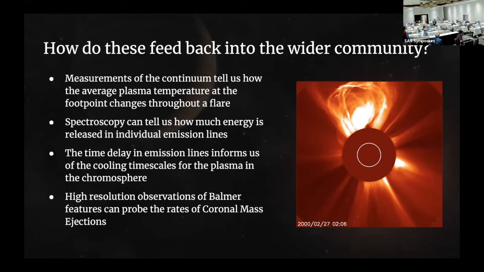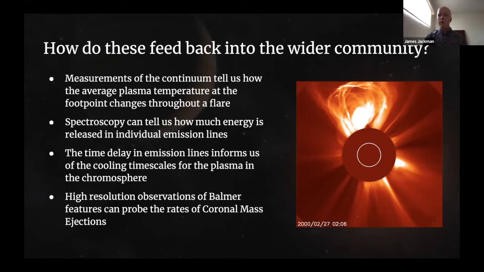Given that you indicate that the data we're collecting is potentially useful, how would you suggest we can most effectively bring that to the attention of the people in the professional community who could make use of it? So I think making publicly available archives of individual flares, the archive that the group has been making to store the spectra and such for individual flares, is a fantastic step towards that.